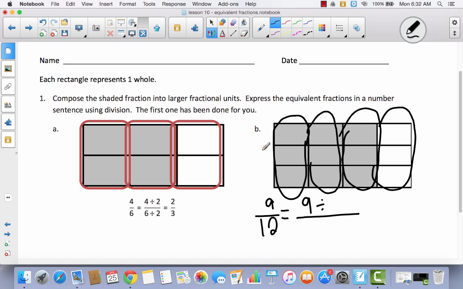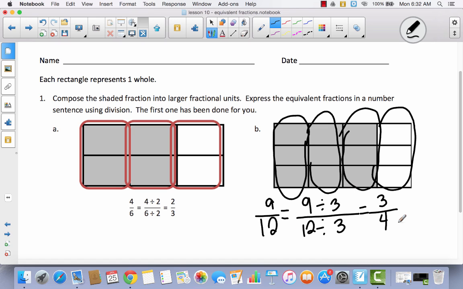Into groups of 3. 1, 2, 3. So I'm going to divide by 3 because that's what I did. I divided these into groups of 3. When I did that, I had 9 divided by 3, which was 3. And I have 12 divided by 3, which is 4. I ended up with 1, 2, 3 out of 4. So 9/12 is equal to 3/4.